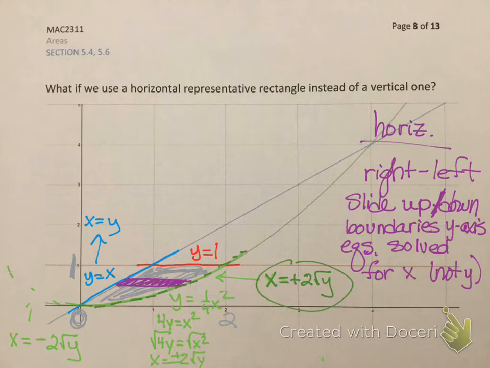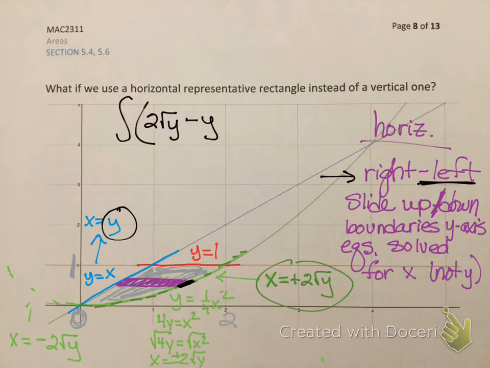So when I set up my integral, I am going to do right hand side of my representative rectangle, so that's my green curve. So that is 2 square roots of y minus the left hand side of my curve, so that would be y.